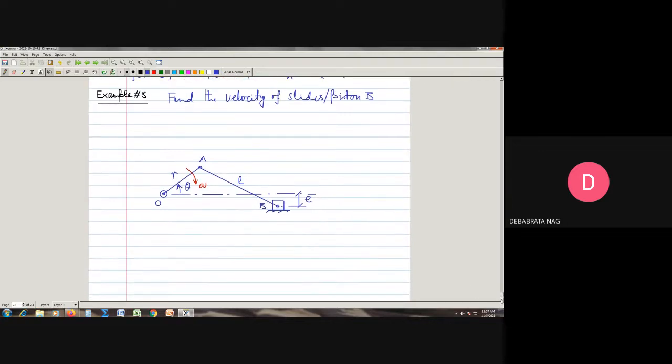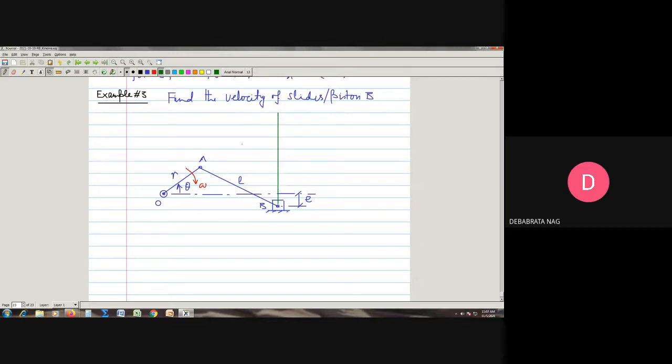How can we do it? Again, we see the direction of B is defined. That means it is going to be along this horizontal line. So what we can do is draw a perpendicular line through it in this manner.